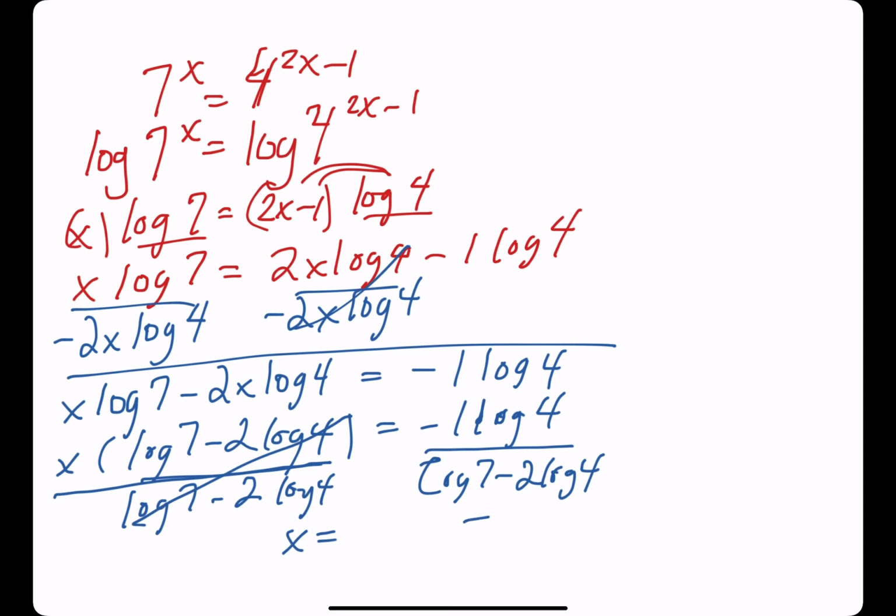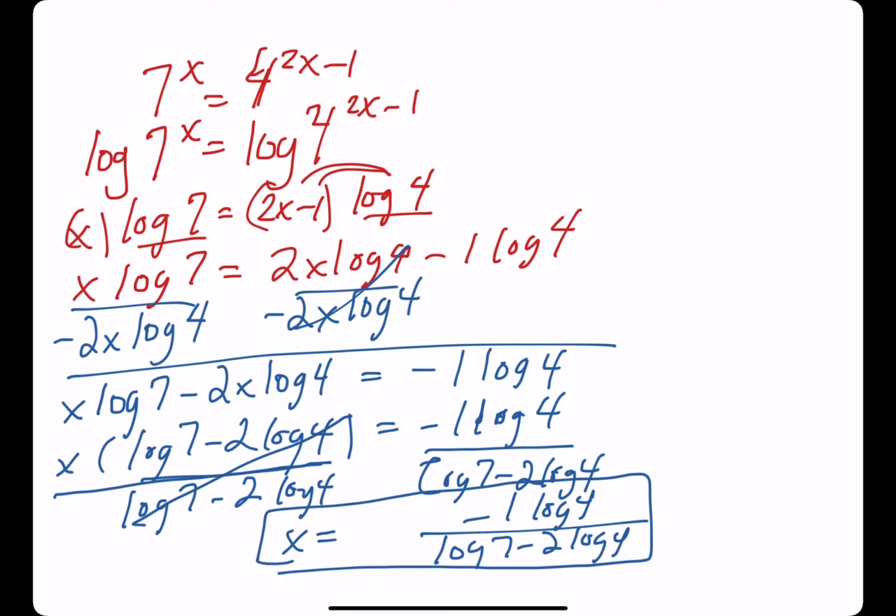And over here, -1 log 4 divided by log 7 minus 2 log 4 is the exact answer for this problem. Now, if you want to turn that to a decimal, 1.676. But usually this is the preferred answer.